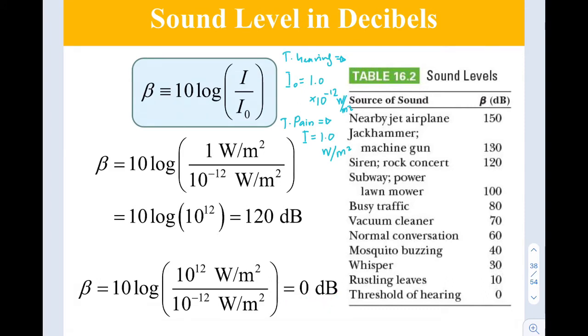This is the weakest that humans can hear. Then rustling of leaves is equivalent to 10 decibels, whispers 30 decibels, and so on.